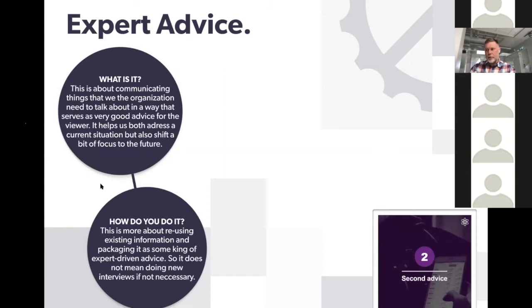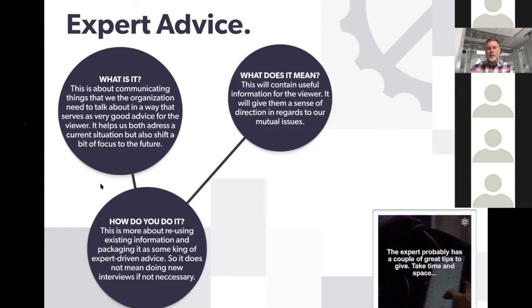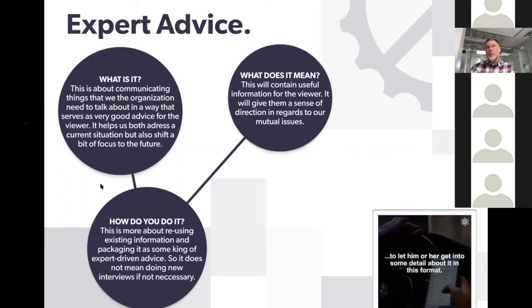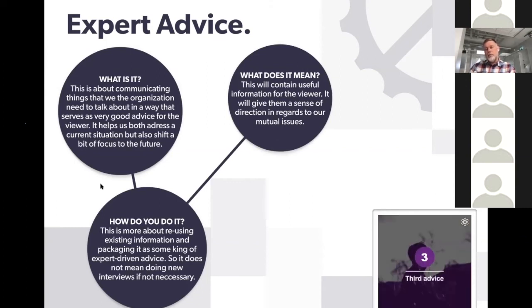So you are very like, this is how it works, and very functional in your communication. If done right, this will be very useful information. It creates a sense of direction in regards to this mutual issue.